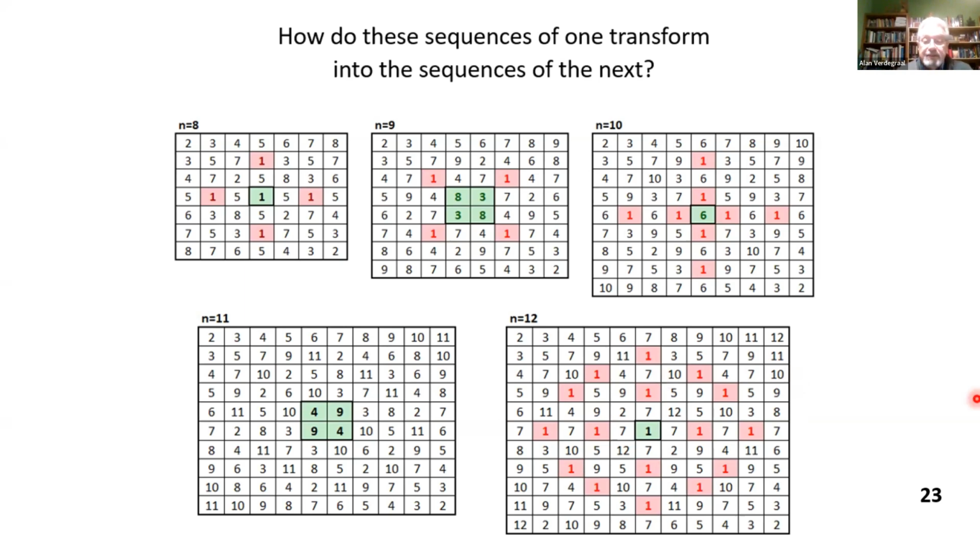There are two rules, basically. One is the forward transformation rule that goes to increasing numbers, and then the reverse transformation rule, going back in the previous direction.